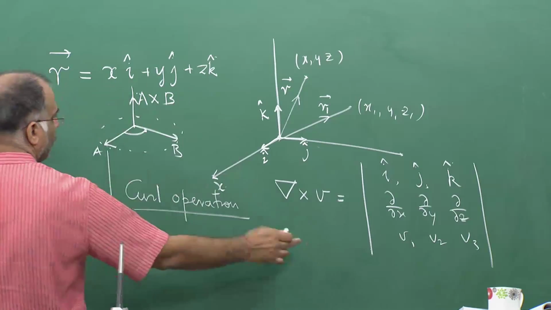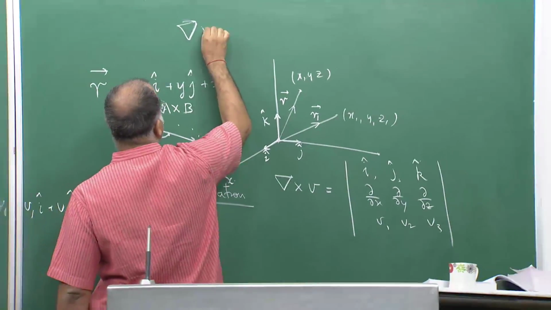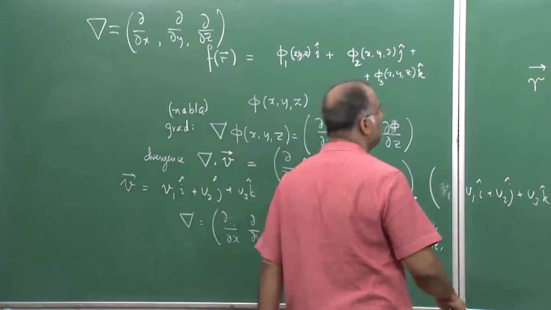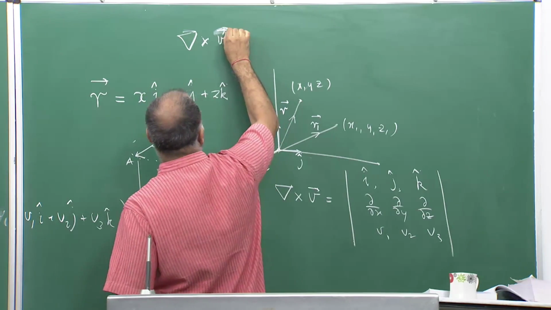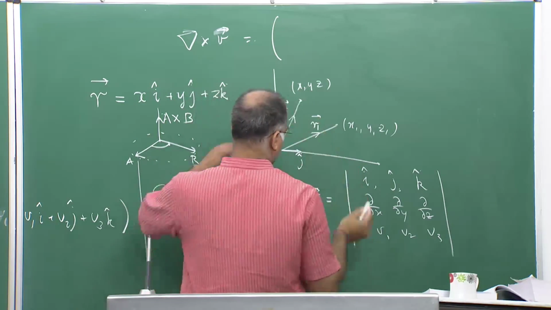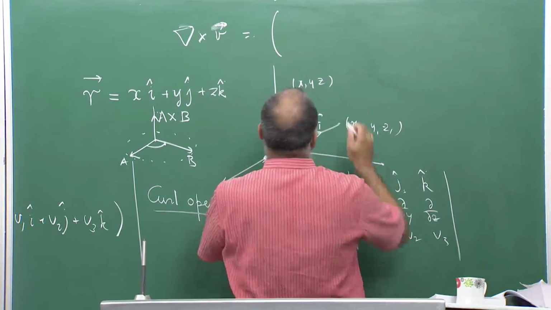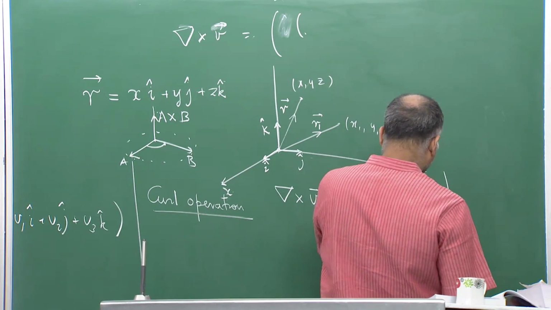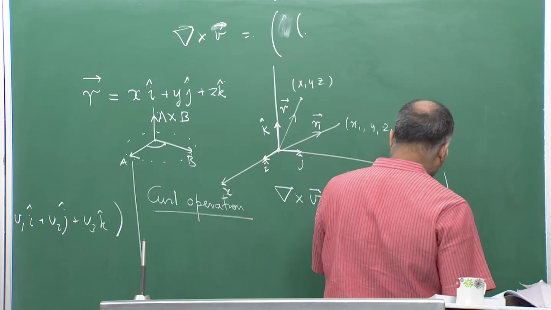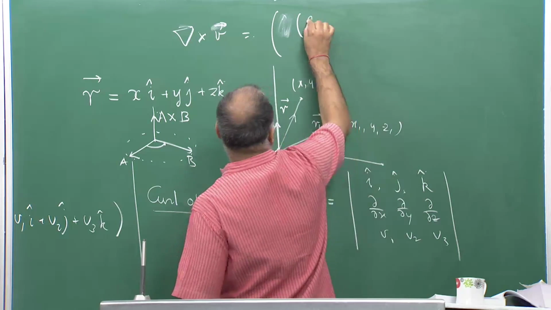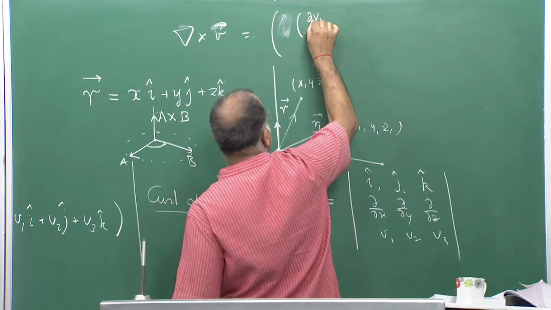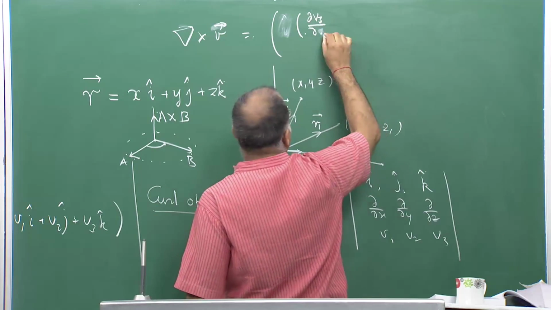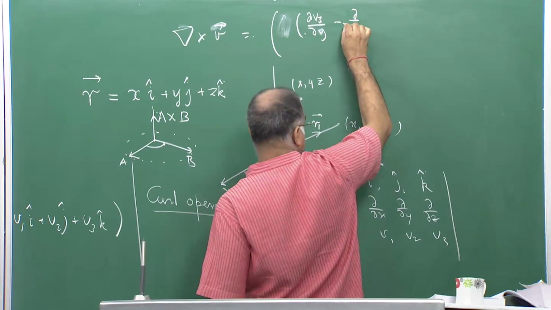Now if you look at this v vector, I should maybe put an arrow if I am behaving like a physicist. This is nothing but i into this minus this. So you will have i vector times del V3 by del y minus del V2 by del z.